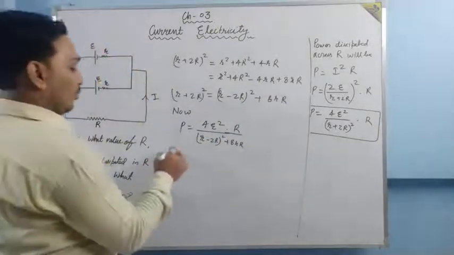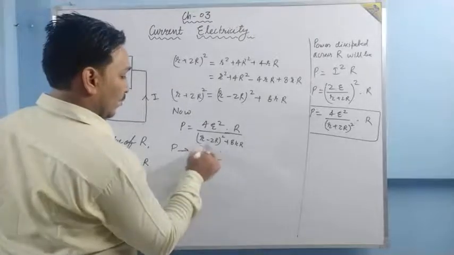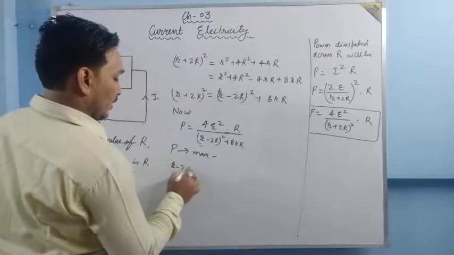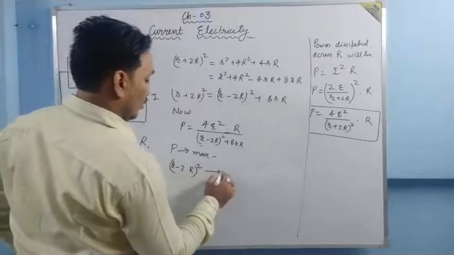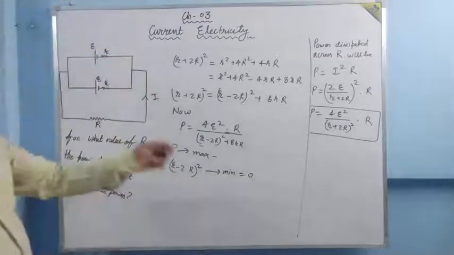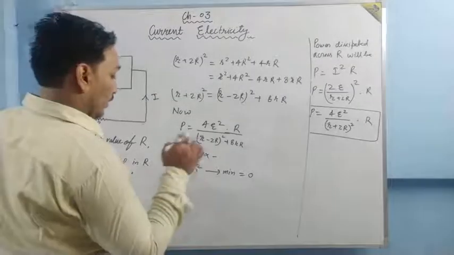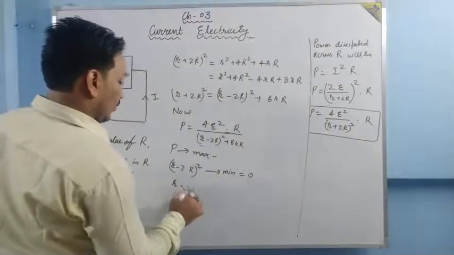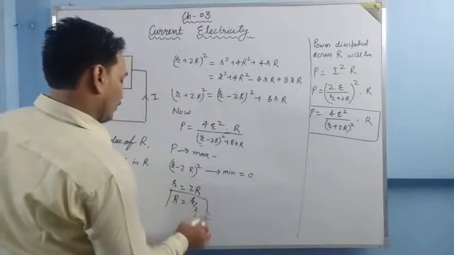Now for P to be maximum, this denominator has to be minimum. r minus 2 capital R whole square should be minimum, and its minimum value is what? 0, because it is whole square. The whole square minimum value is 0. So if it is 0, then definitely r will be equal to what? 2 capital R, or R is equal to what? Small r by 2.